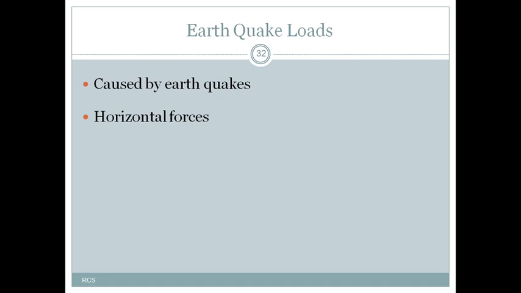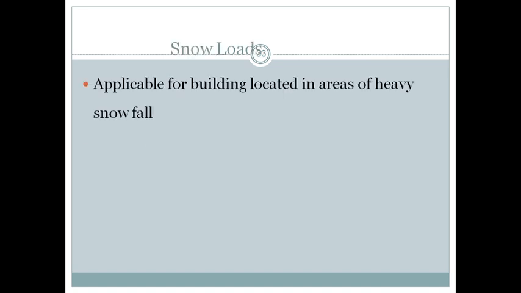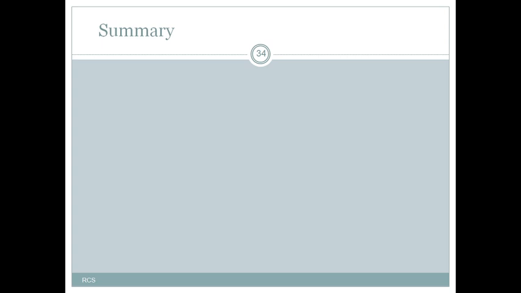They are horizontal in nature. They can be calculated by using IS 1893/2002 Part 1. Snow loads are applicable only to buildings constructed in areas of heavy snowfall. These snow loads can be calculated by using IS 875/1987 Part 4.